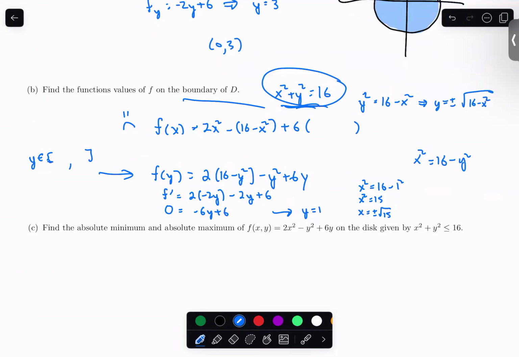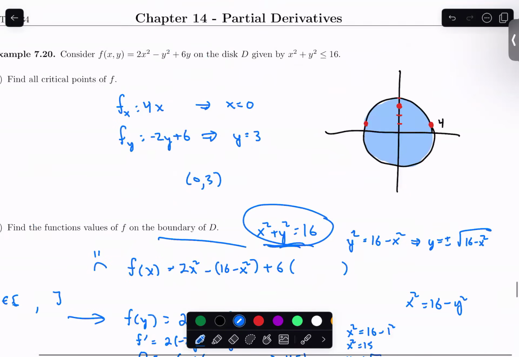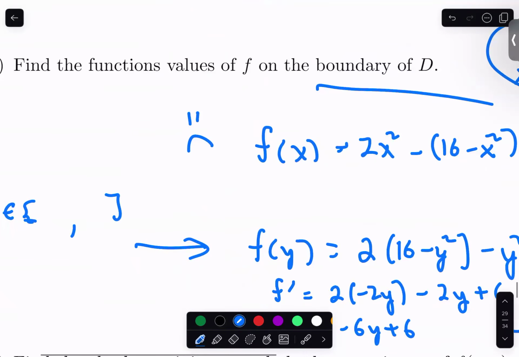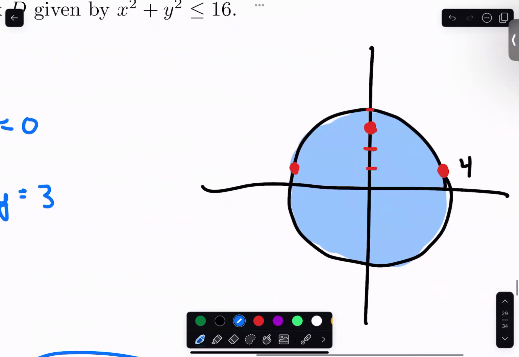And those y values are, well, the smallest y value is at negative 4, all the way at the bottom, and the biggest y value is all the way at the top, y equals 4. This turns out to be exactly the same as saying x equals 0. So we need to include in the top and the bottom parts as well.